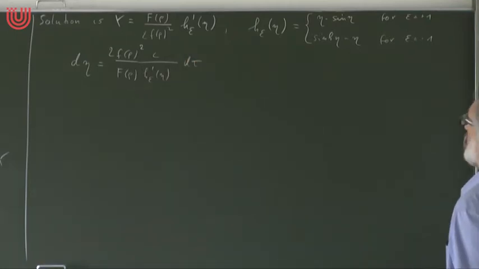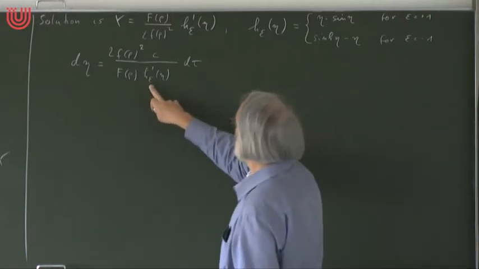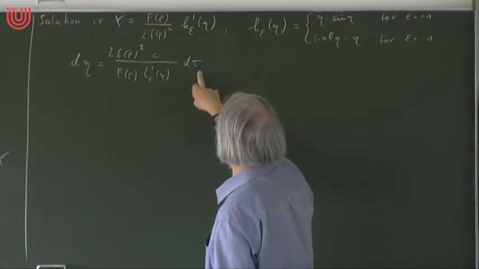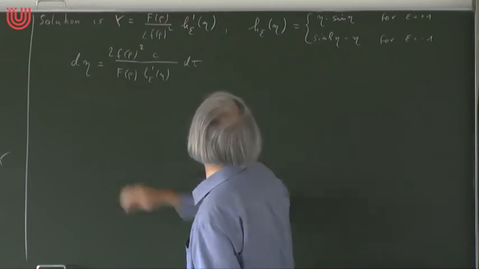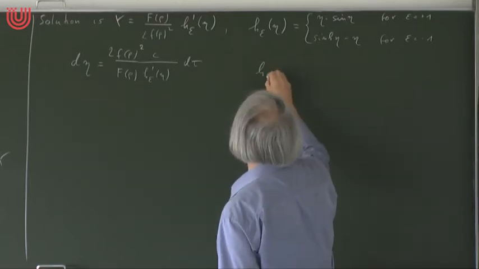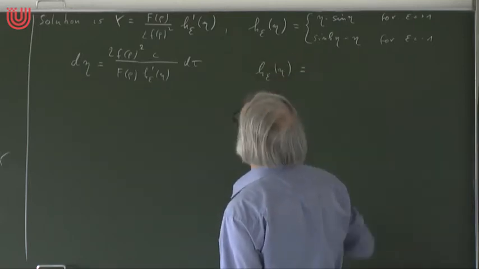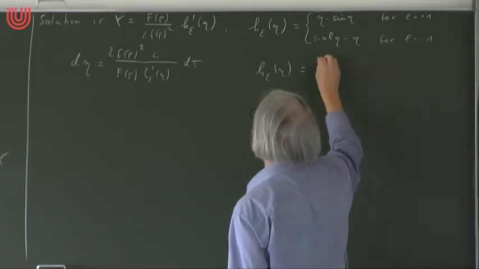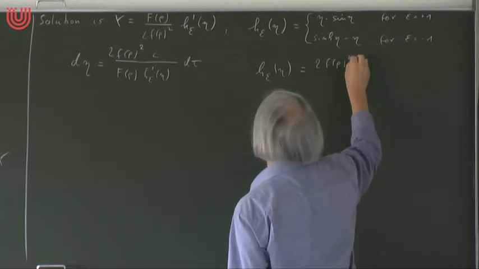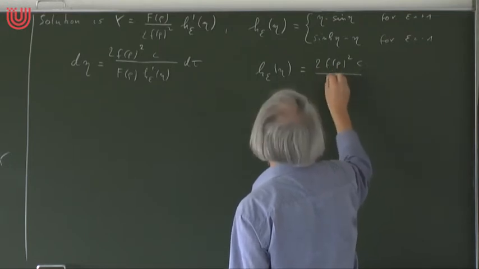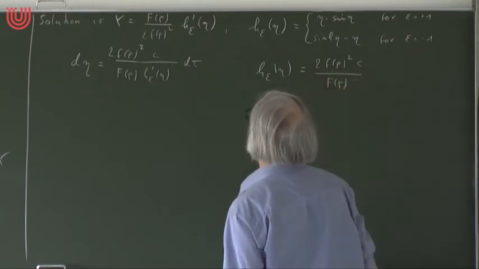And this gives us the h epsilon of eta in terms of tau. Yeah, I multiply this to the other side, and then I get, this is what? This is 2 f of rho squared c divided by f of rho.